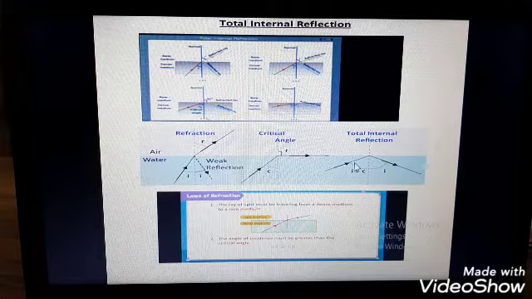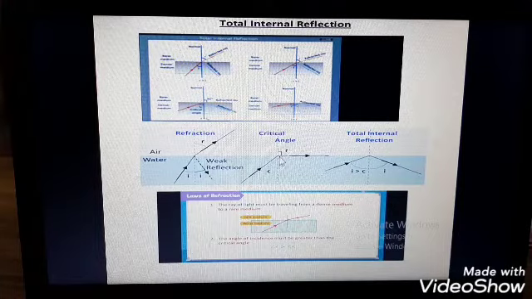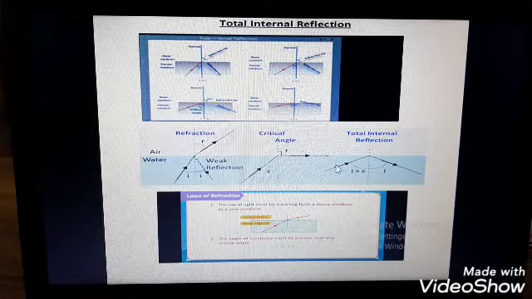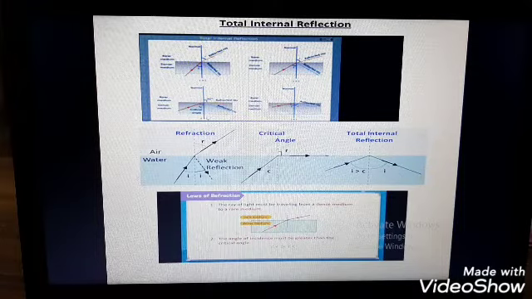What is the critical angle? The critical angle is that incident angle at which the angle of refraction is 90 degrees. So the angle of incidence should be greater than the critical angle, then only total internal reflection will occur. Clear?